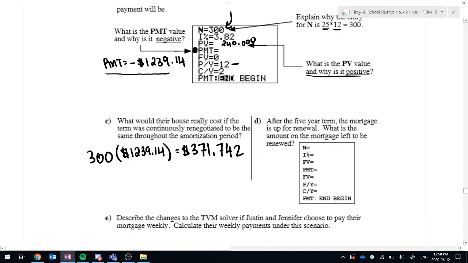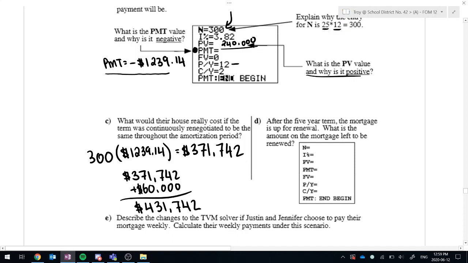And then we also have to remember that they made a $60,000 down payment, right? Because remember, it was a $300,000 house, but we only took a mortgage out for $240,000. All right, so we got to take that, add to it the 60,000, and we get a $431,742 home.